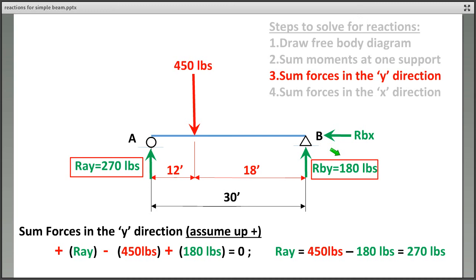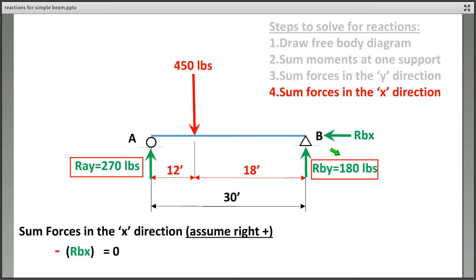And then the last step is going to be sum the forces in the x direction. So we sum the forces in the x direction, and we only have one vector in the x direction, RBX, and it's going left. So we assume that right is positive, and since it's going left, we say minus RBX, and there are no other vectors, so it has to equal 0.